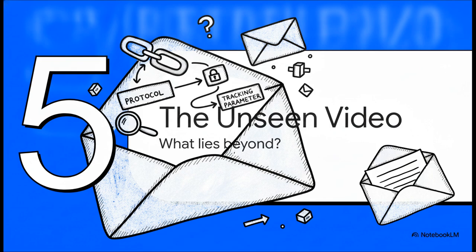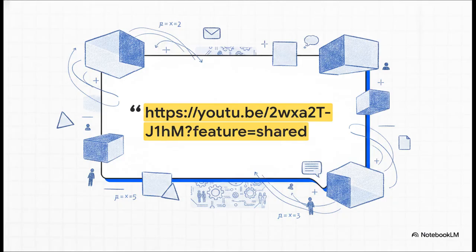Which brings us to part 5, the unseen video. What lies beyond? We have now completely dissected all 40 characters provided in our solitary source note, from its secure protocol all the way down to its tracking parameter. And we did it without ever actually seeing the video itself. We've basically analyzed the envelope without reading the letter inside. Looking at it all together now, it's a pretty powerful reminder.